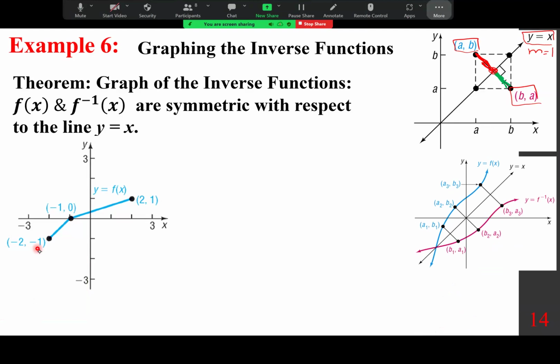so if you want to graph using this concept, just pick a few pairs, and there you have it. For example, here, A sub 1, B sub 1 corresponds to B sub 1, A sub 1. So how do we graph this? Let's do exactly the same thing here.